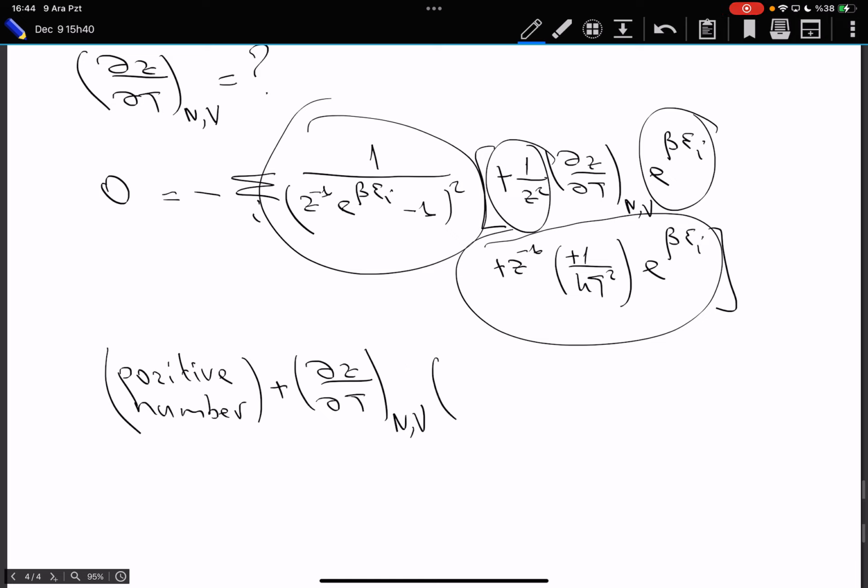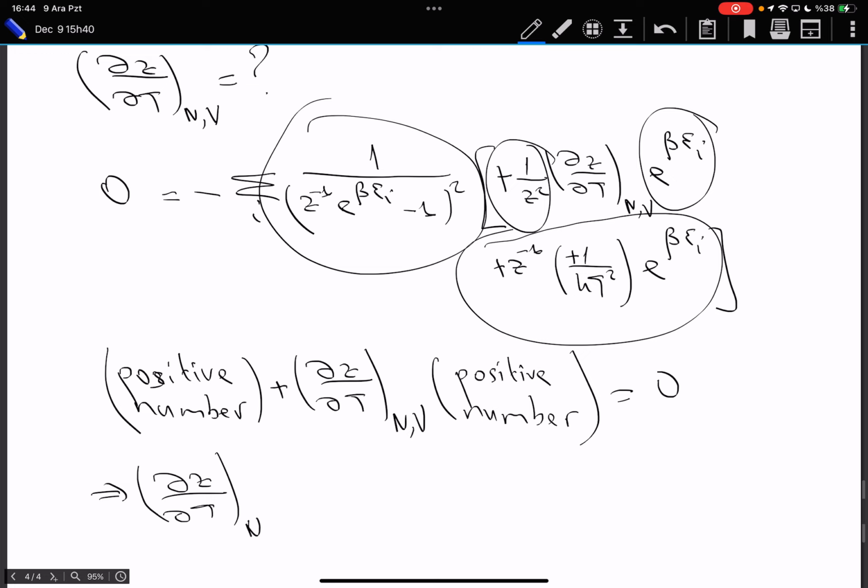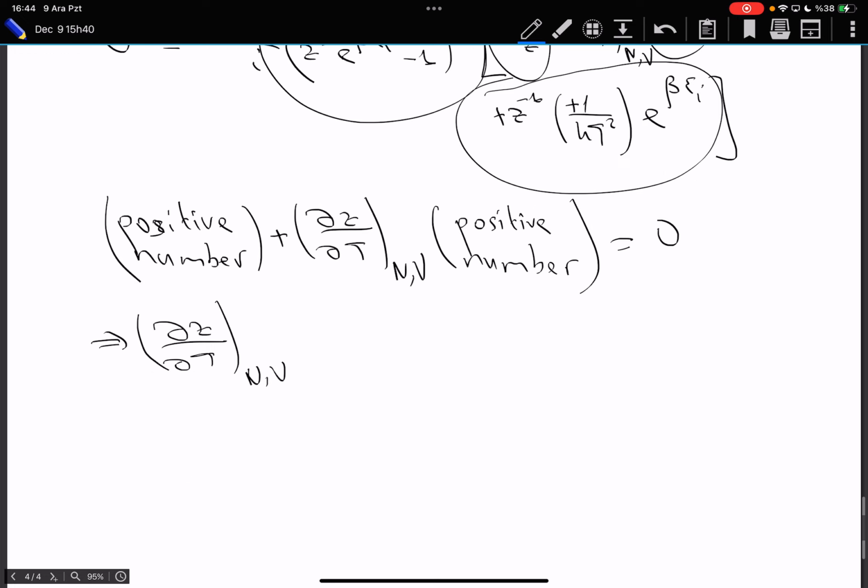So it's again a positive number. So this should be 0, which basically tells me that z as a function of temperature, this should be less than or equal to 0. As I increase temperature, z decreases. And as I decrease temperature, z increases.